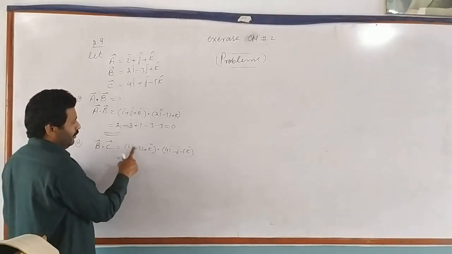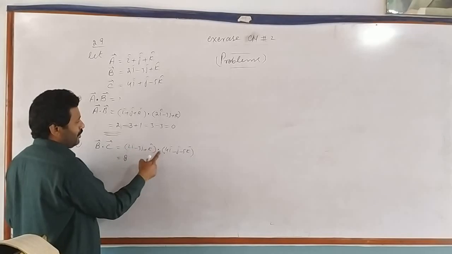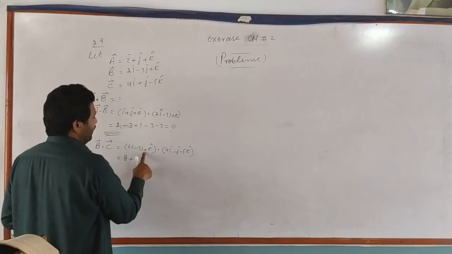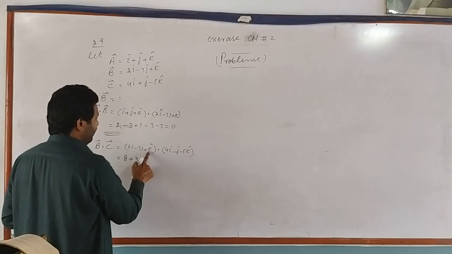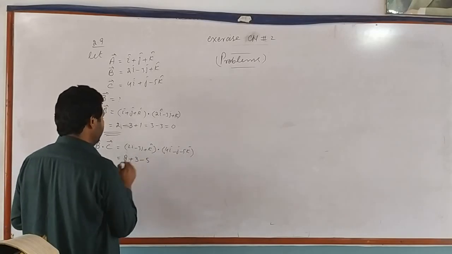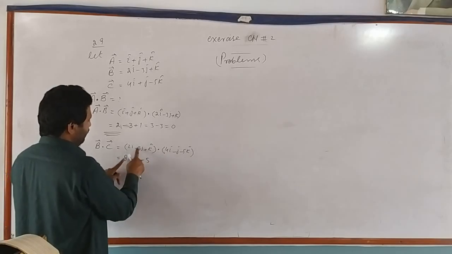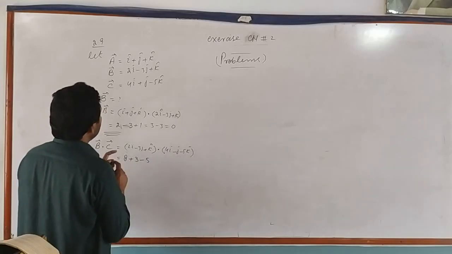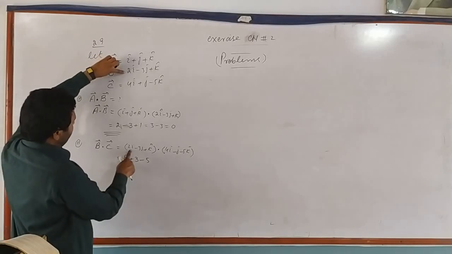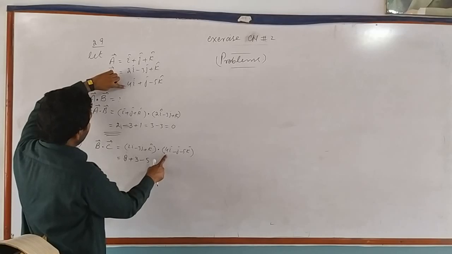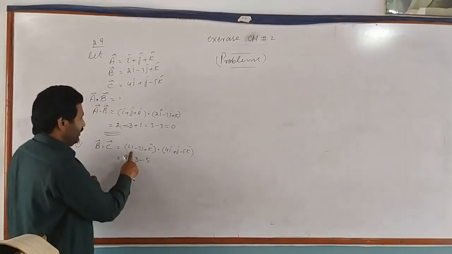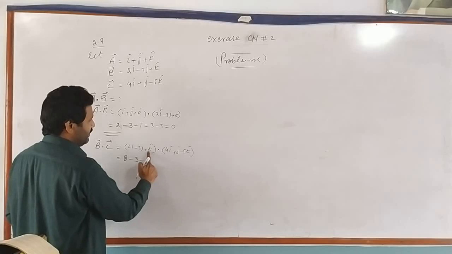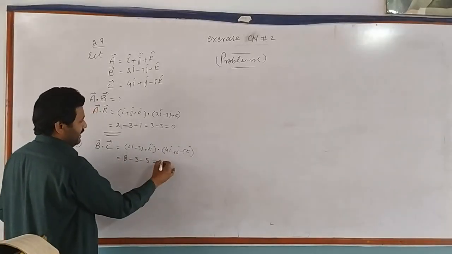The resultant will be 2 4s are 8, i dot i is equal to 1, minus 3 1s are 3, plus 1 minus 5s are minus 5. So 8 minus 3 minus 5 is equal to 0.